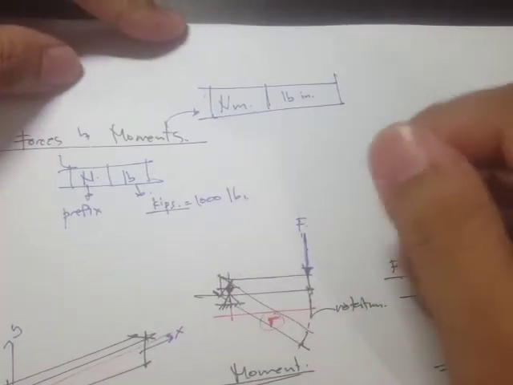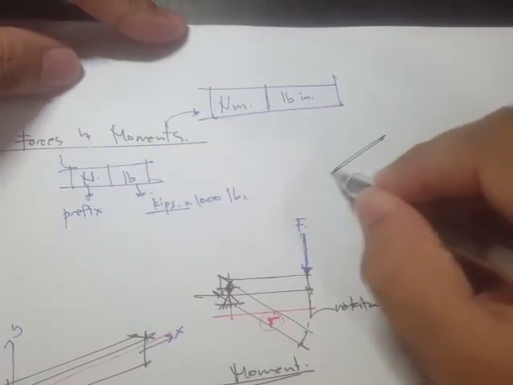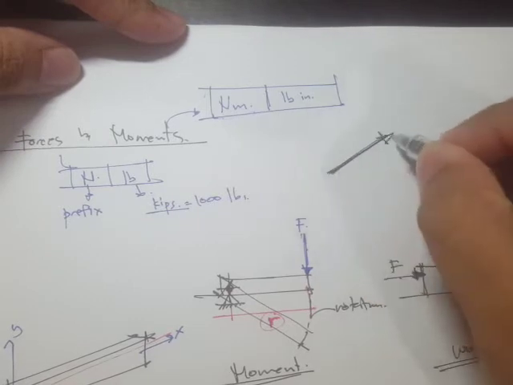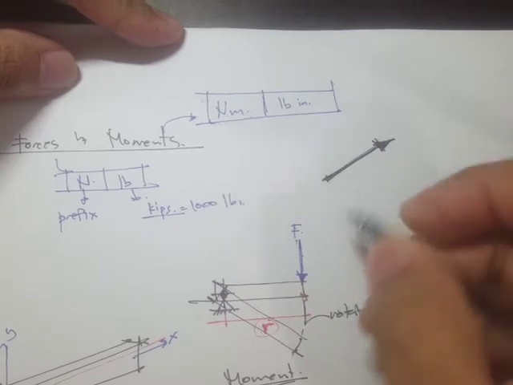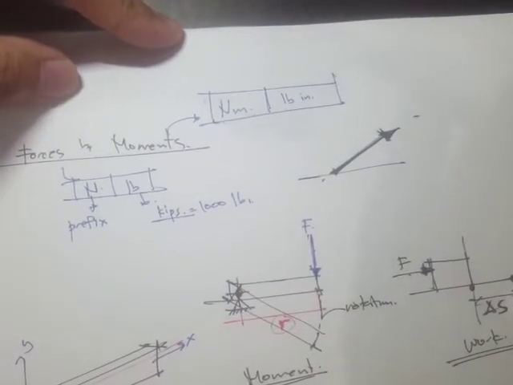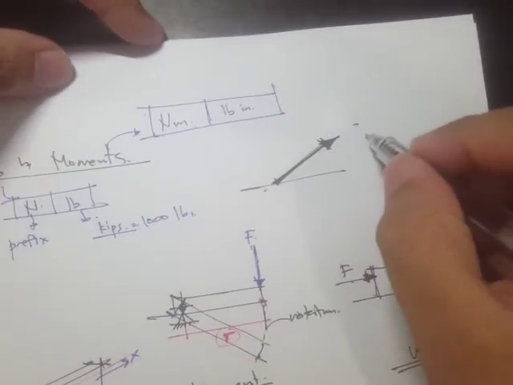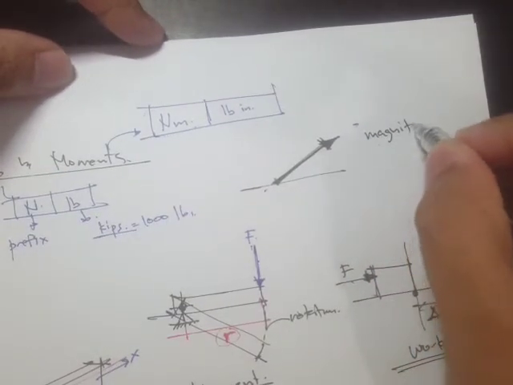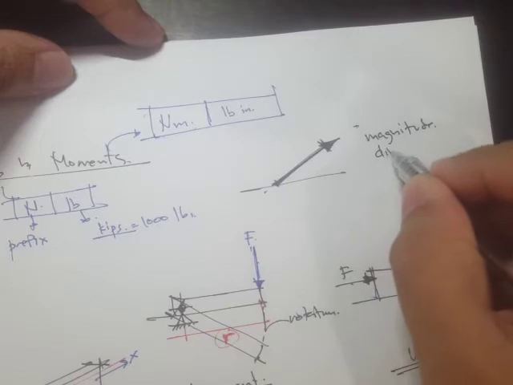By the way, force is a vector, and in symbol we use an arrow line that indicates the direction. Recall that when you say it's a vector, that means it has a magnitude plus a direction.